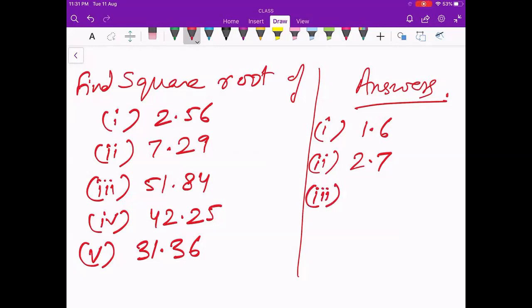Then third part, the square root of 51.84 will come out to be 7.2. For the fourth part, square root of 42.25 will come out to be 6.5. And answer for the fifth part will be 5.6. These will be the answers. So you can practice these 5 parts. This will give you a better understanding.